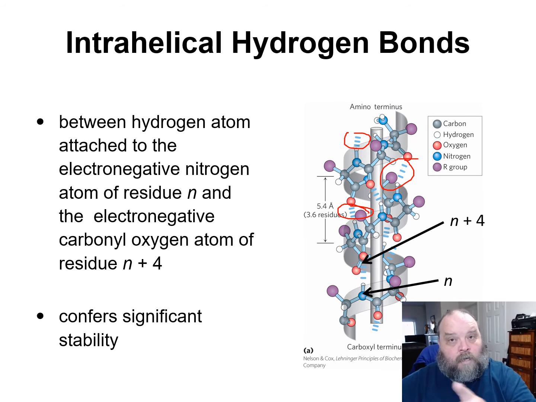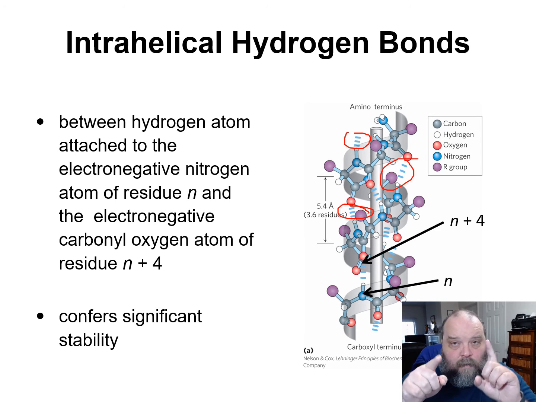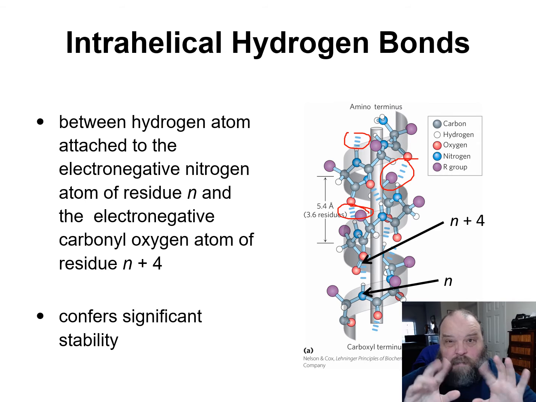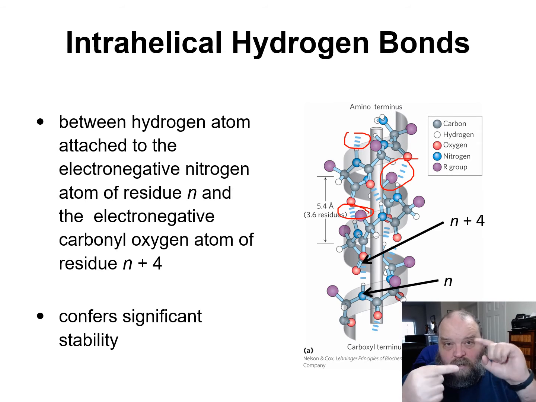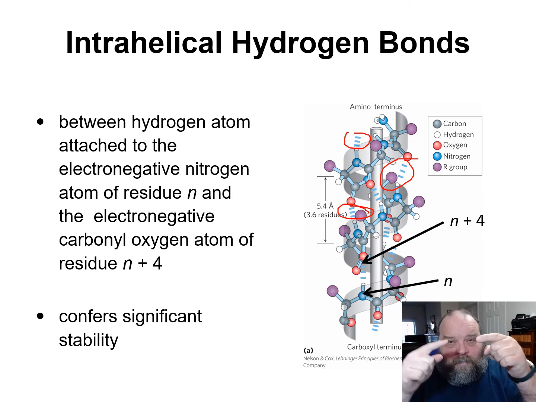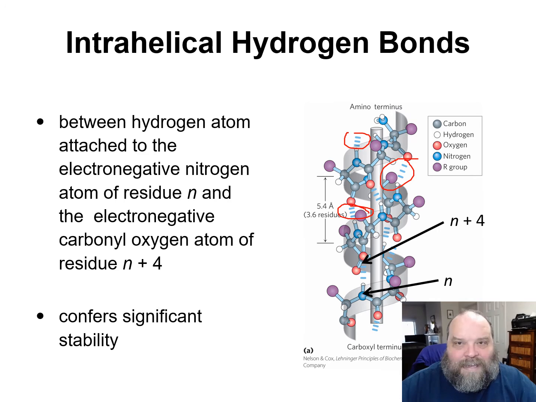Because of the tight turn, remember 3.6 residues, this amino acid, 1, 2, 3, 4, and this amino acid in the twist, because remember it's 3.6 residues, so the fourth one, 3.6, 4, close enough, are going to be in close enough proximity that they can interact.